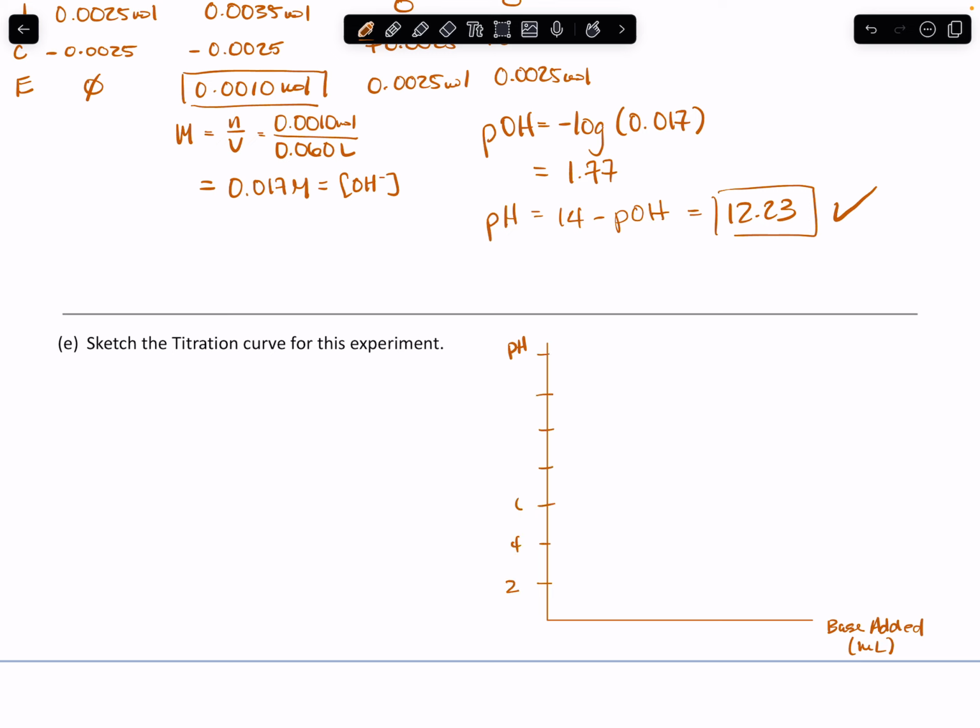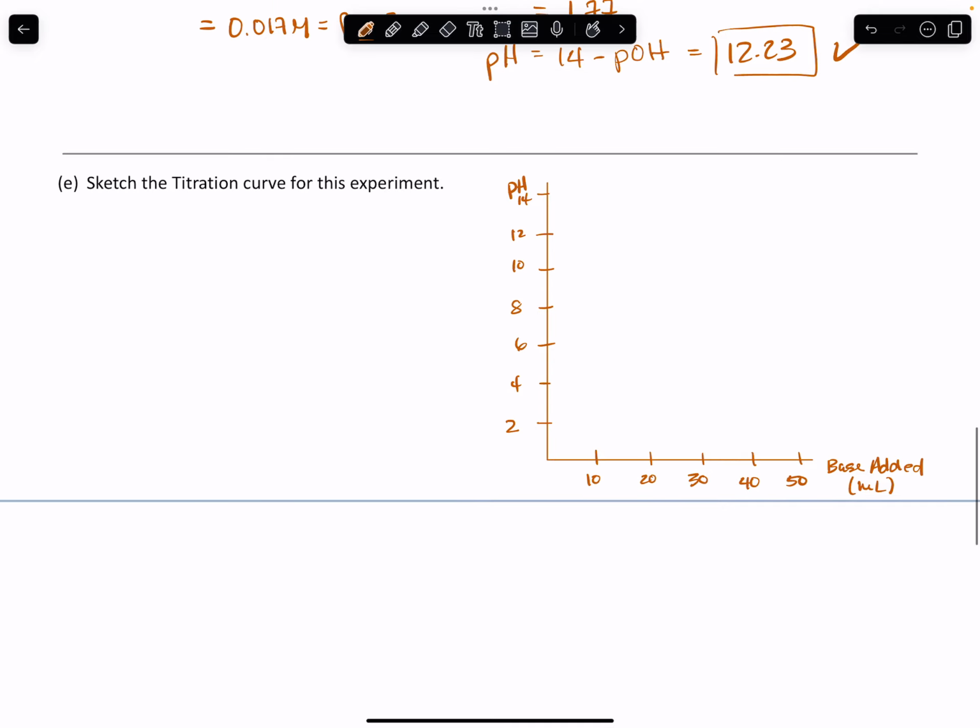So 2, 4, 6, 8, 10, 12, 14. We ended up around 40, so 10, 20, 30, 40, 50. Oops, I almost skipped 30.